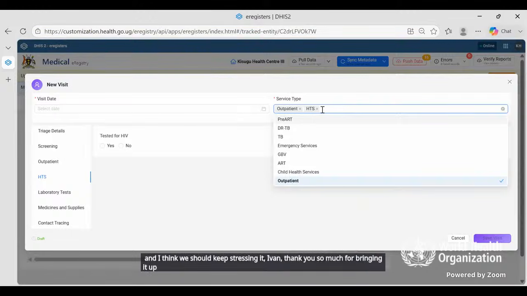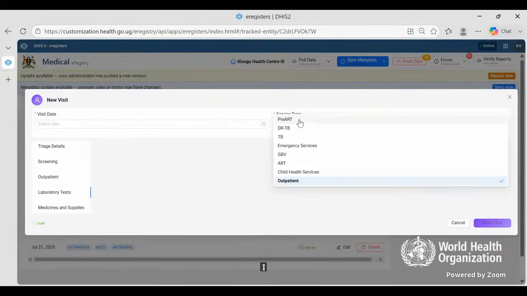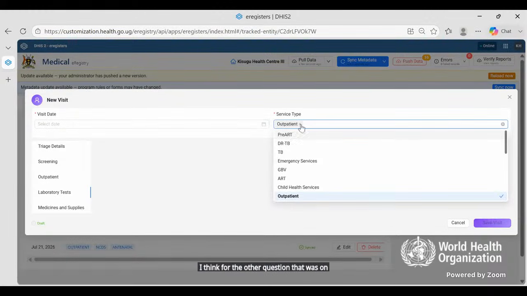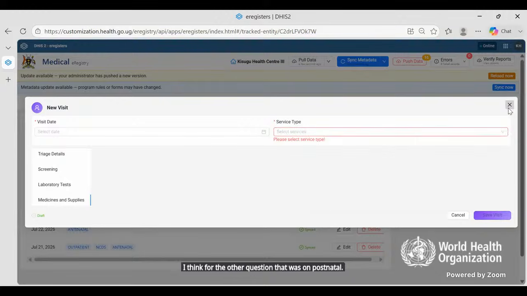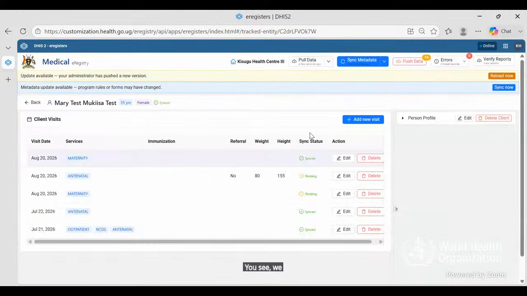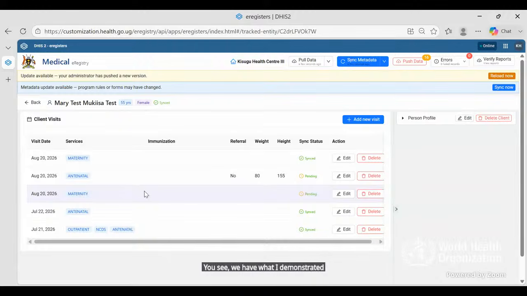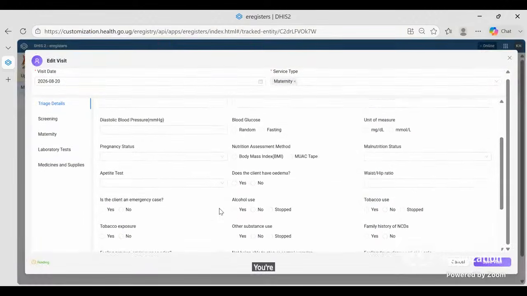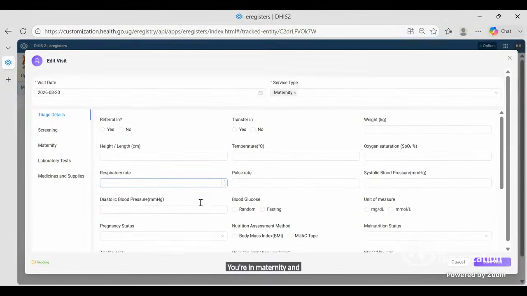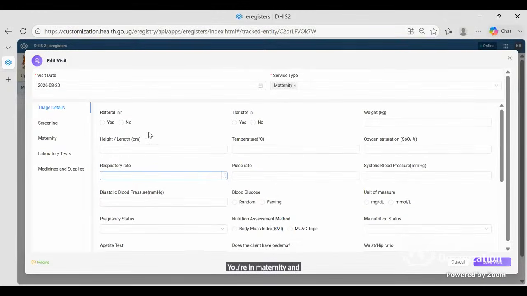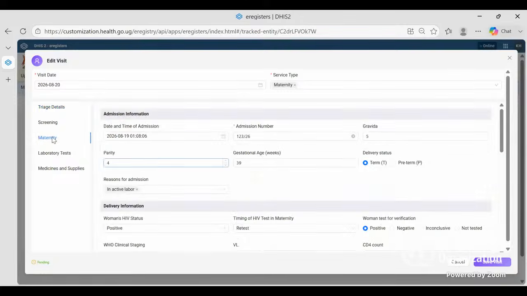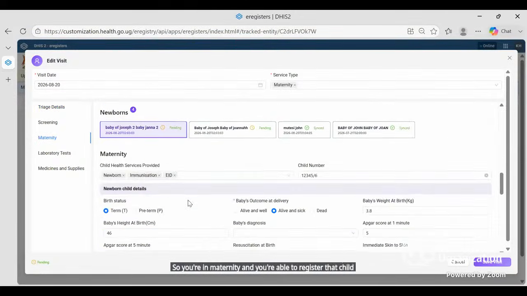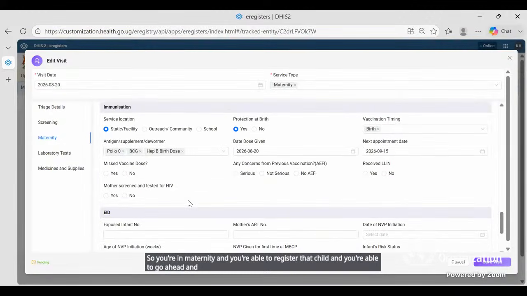Then I think for the other question that was on postnatal, what I demonstrated is that you're in maternity, and you're able to register the child and you're able to go ahead and provide them other services.